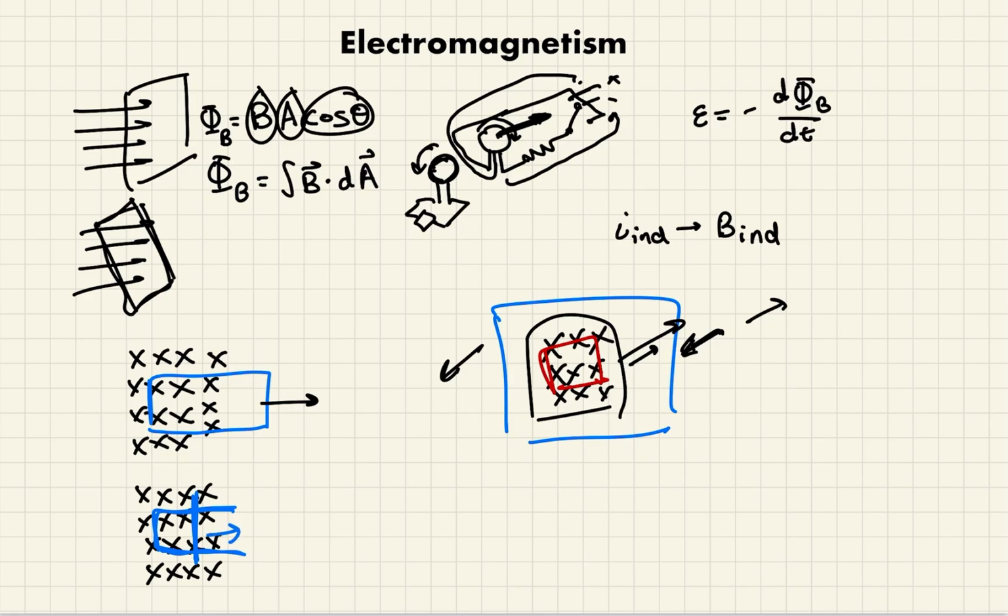And you just change the position of this little rod. So that changes the area of the loop. Unlike this, which doesn't change the area of the loop, just the percent of the loop that a magnetic field goes through, this actually changes the area of the loop because you're moving it back and forth. So it's going to be one of those two.